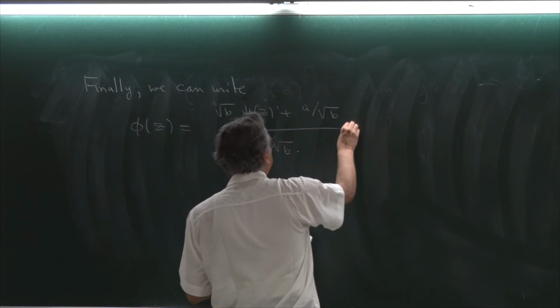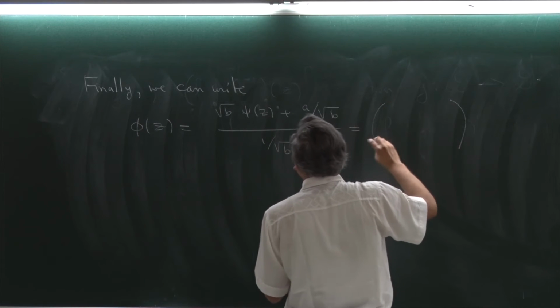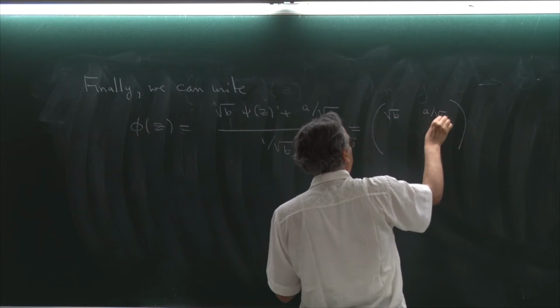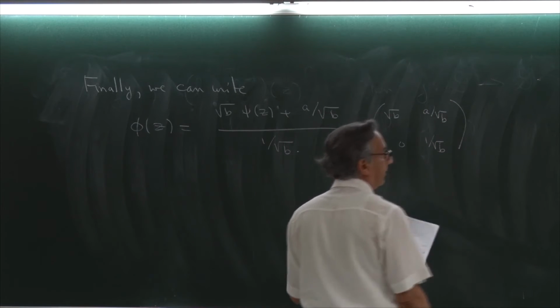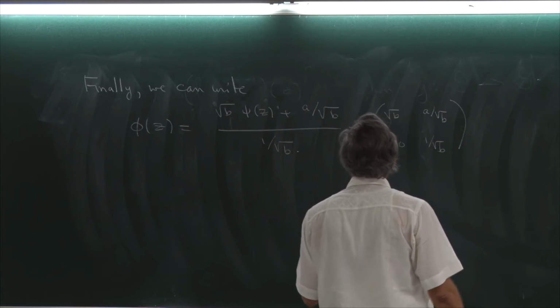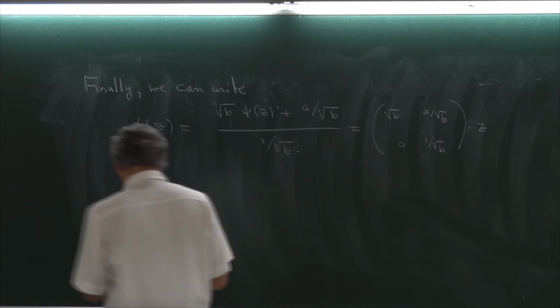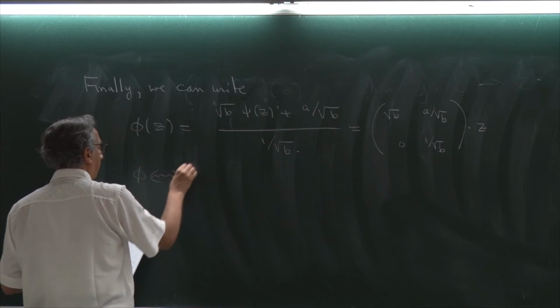So it's again to be thought of as the matrix root b, a over root b, 0, 1 over root b, b being positive, remember, acting on z. So we identify phi with an element of PSL2R.